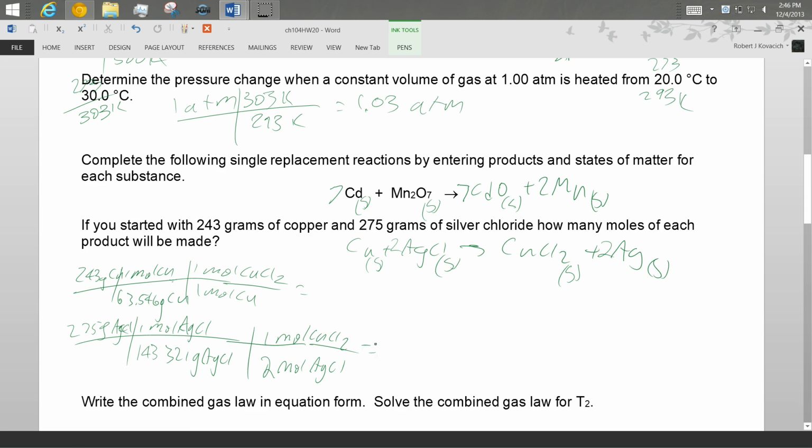Okay, a couple things with this. Why is there a 2 here? Those are coefficients for that, right? And then 1 here, same thing. 1 and 1. So those coefficients are there. So definitely needed to write out the balanced chemical equation. And can you see why the first mole to mole ratio is 1 to 1?